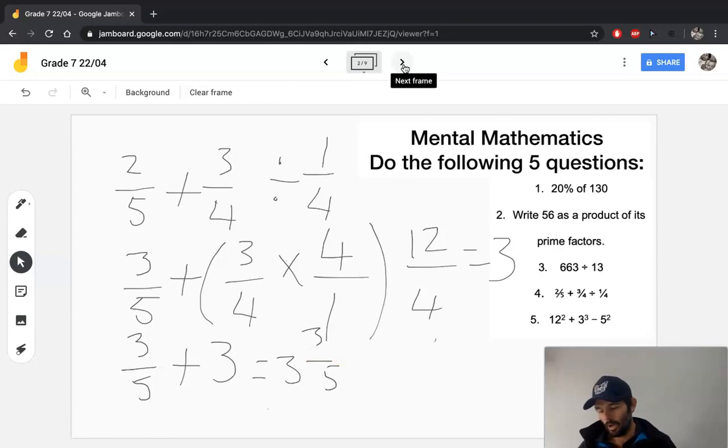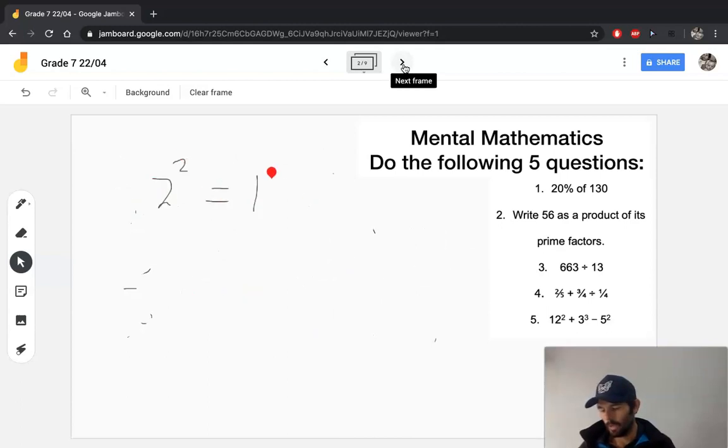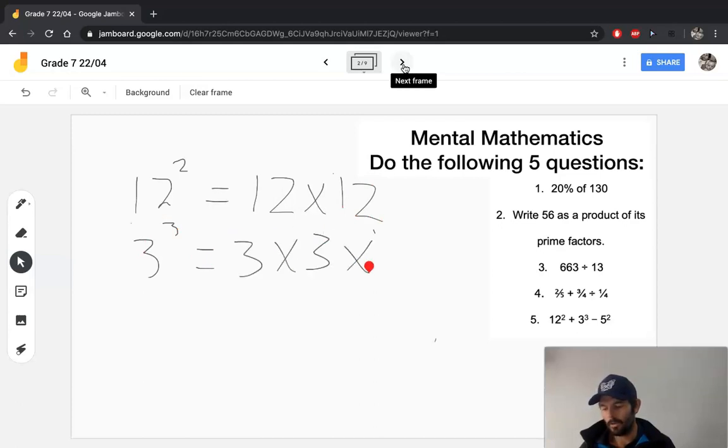And then your last question was just to see if you guys had remembered your exponents. Remember that 12 squared is the same as 12 multiplied by 12, that 3 cubed is the same as 3 multiplied by 3 multiplied by 3, and that 5 squared is 5 multiplied by 5.